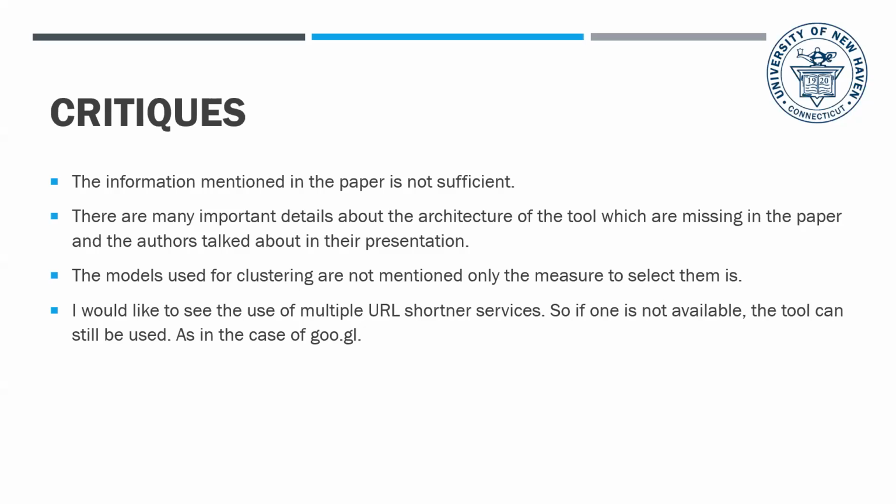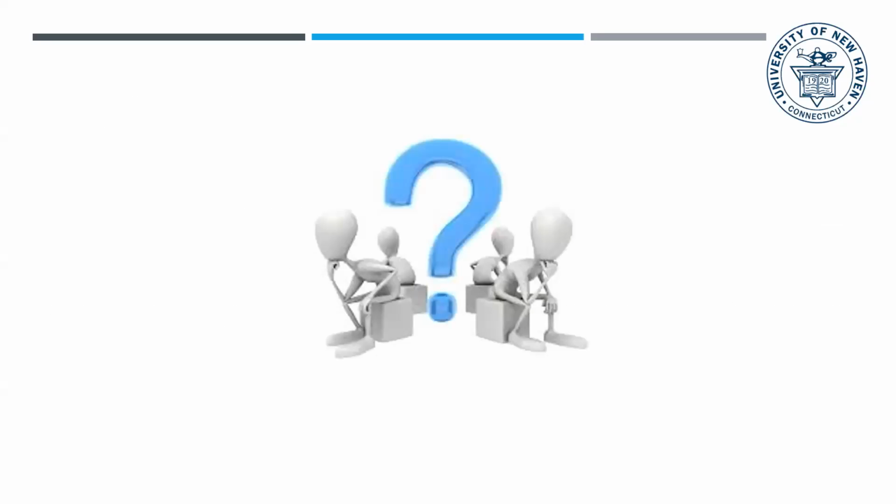So I would like to see that process automated by considering multiple URL shortener services, so that if one of them fails or is no longer available, we can use another one to shorten the payload, which is very important for this tool. So that's all about my critiques of the paper, and this is the end of my presentation.